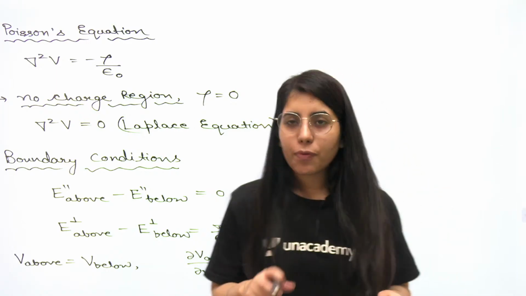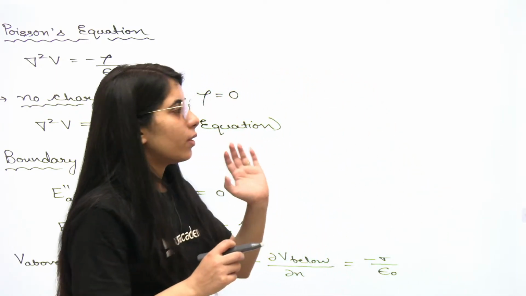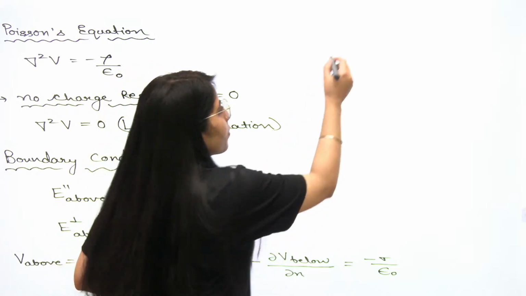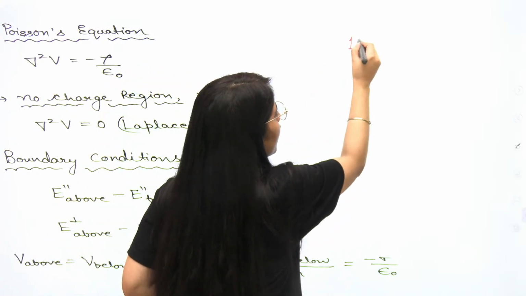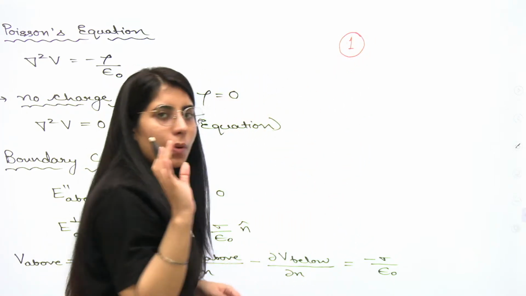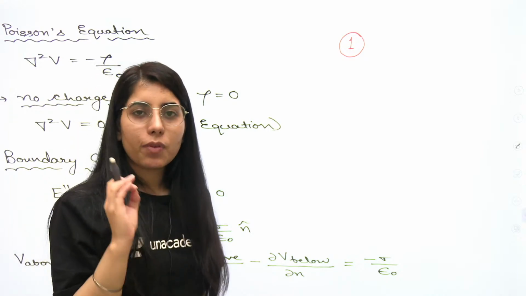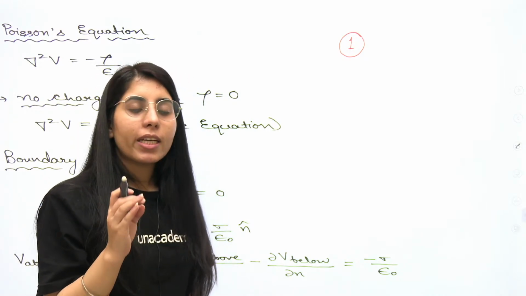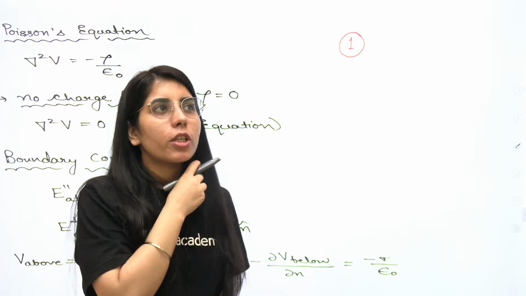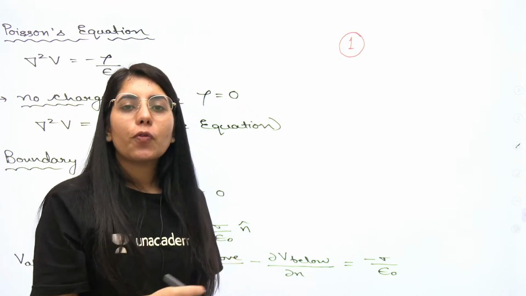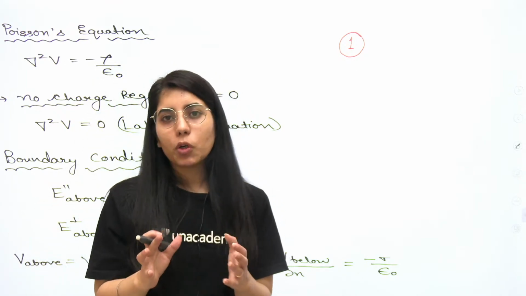Clear? So if I talk about the first one, that's going to be the electric field part. When you are starting your preparation for EMT, and you are targeting to complete it within 2 or 3 days, first of all, have a proper plan for the subject.